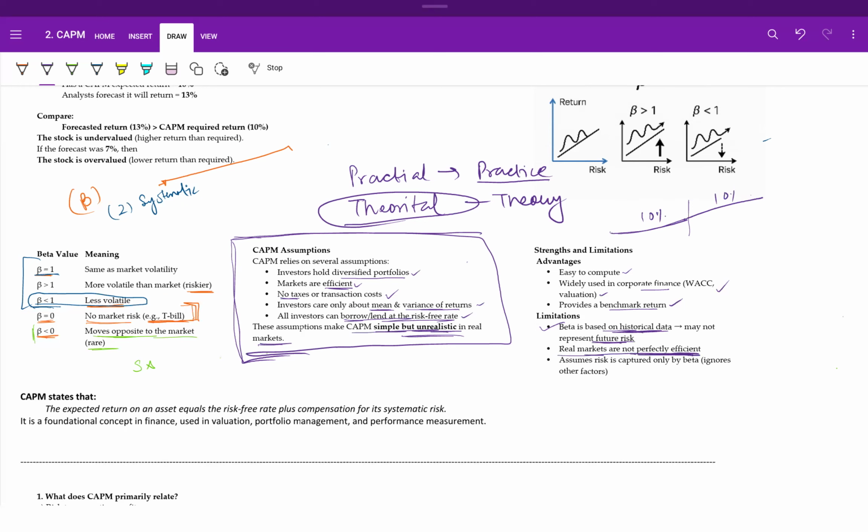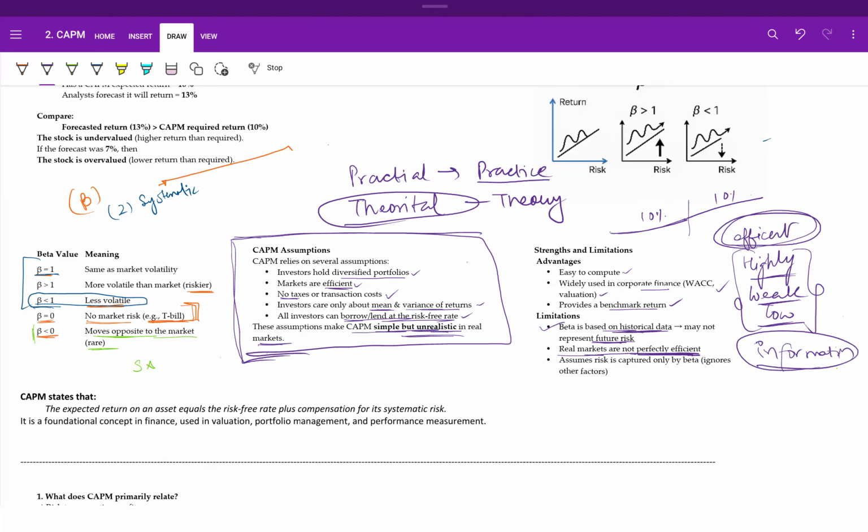Efficient markets means they are highly efficient, weak, and low efficient markets. Efficiency shows how much of the information about the stock or the market is incorporated in the valuation of the stock.